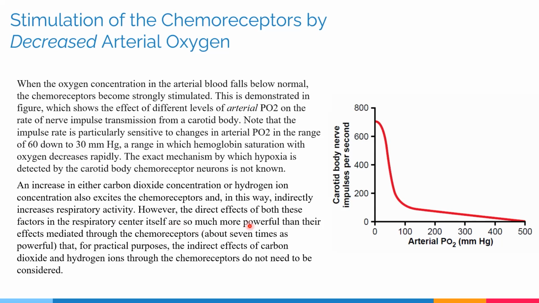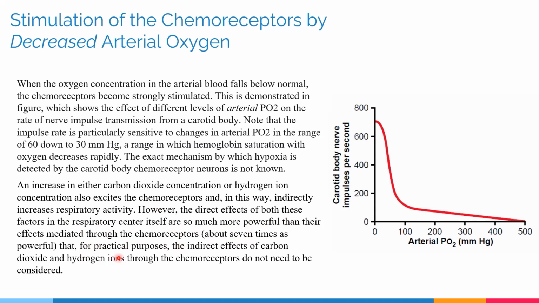However, the direct effects of both these factors on the respiratory center itself are so much more powerful than their effects mediated through the chemoreceptors, which, for comparison, in the carotid bodies is around 7 times lower than the effect caused directly at the respiratory center.